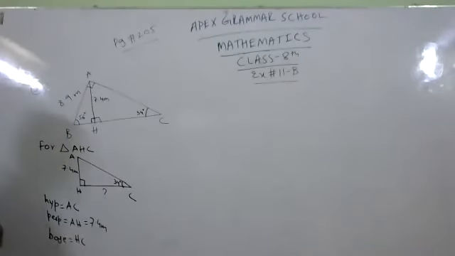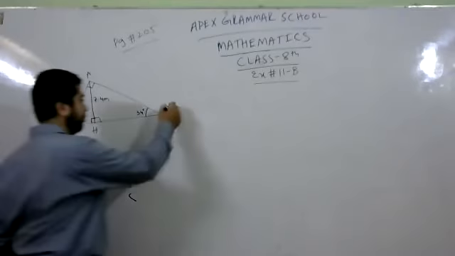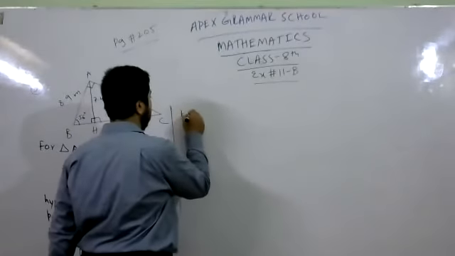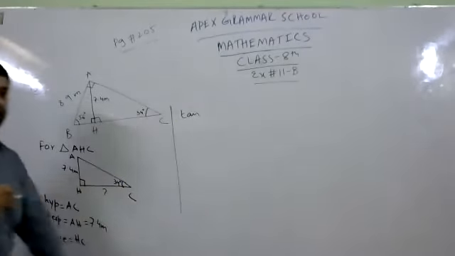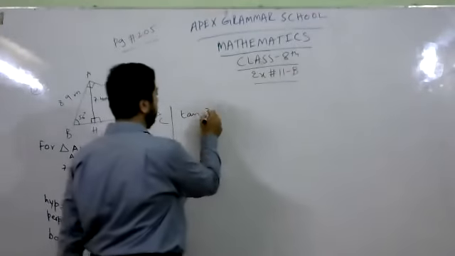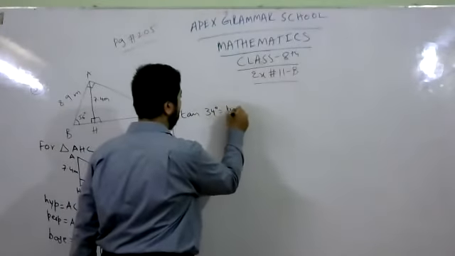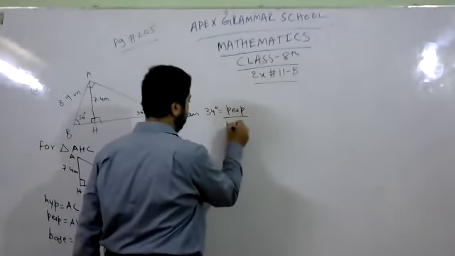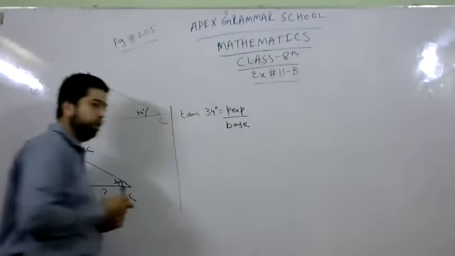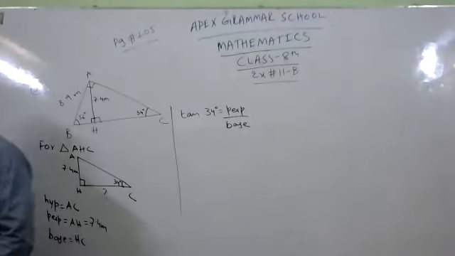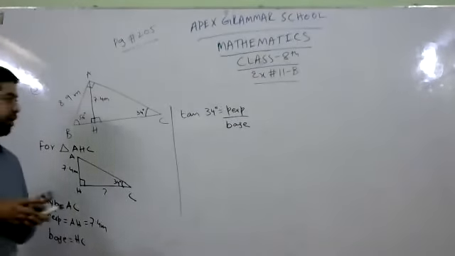Which trigonometric ratio have perpendicular and also base? That is tan. So we can say that tan of basic angle 34 degree is equal to perpendicular over base. Okay. Now calculate it through your calculator.